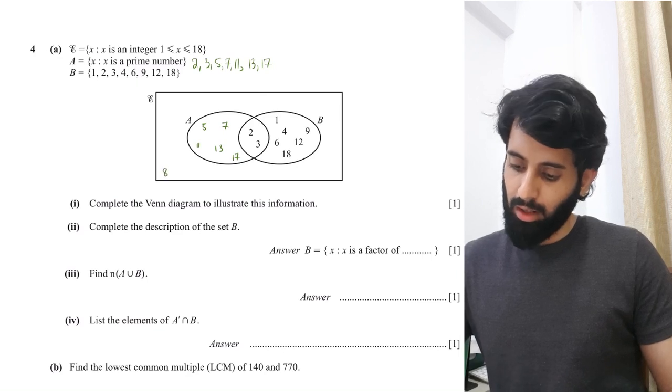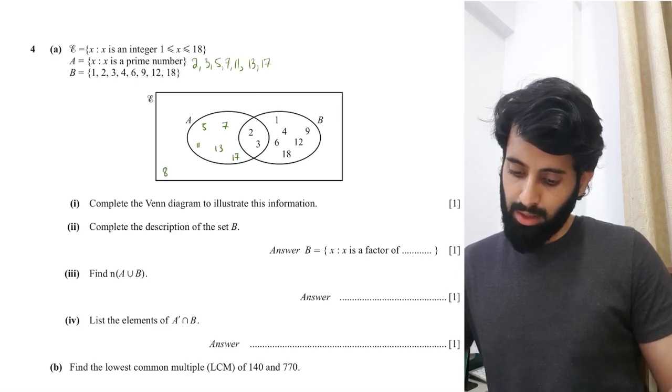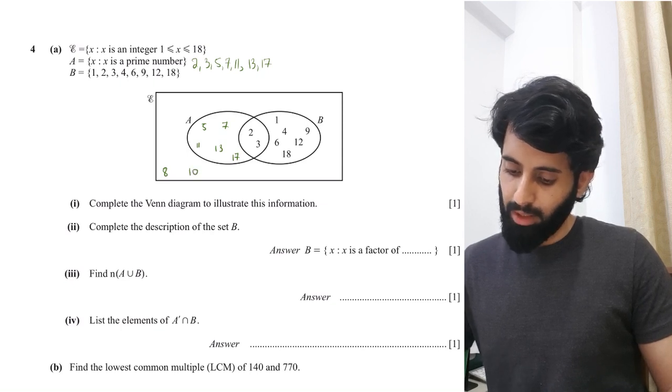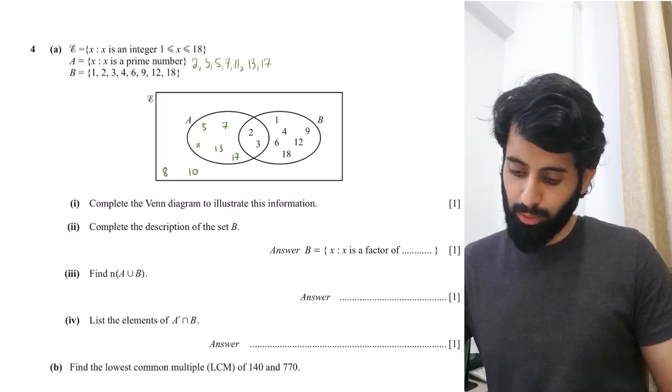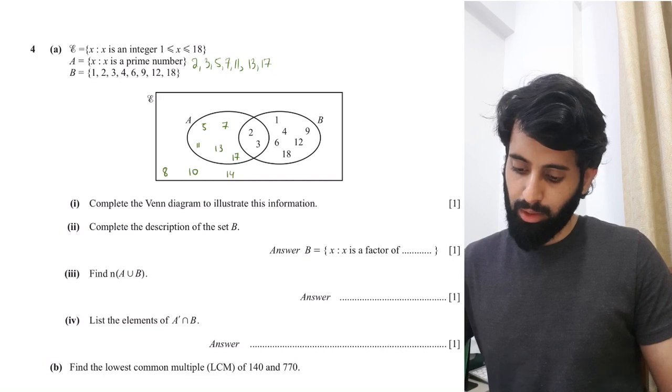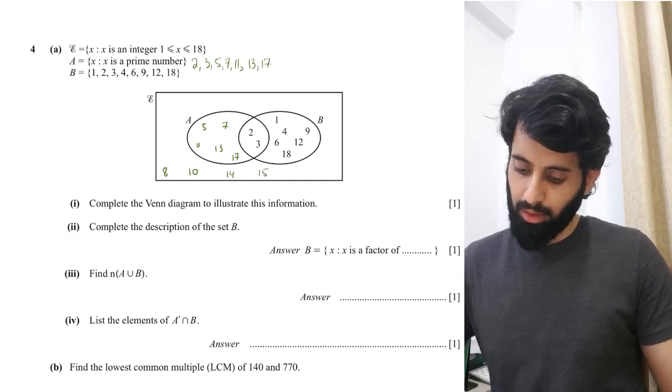I don't see 8, so 8. I see 9. I don't see 10, so 10. I see 11, 12, 13. 14, I don't see 14 anywhere. 15, I don't think I see 15 anywhere either. Then you have 16, which is nowhere to be seen. Then you have 17, 18.